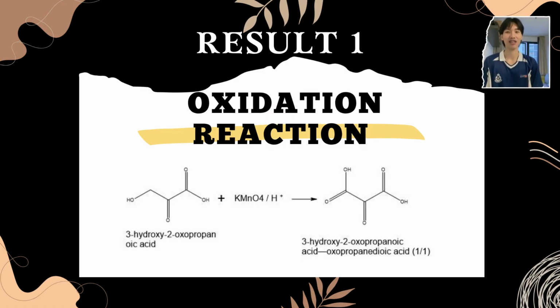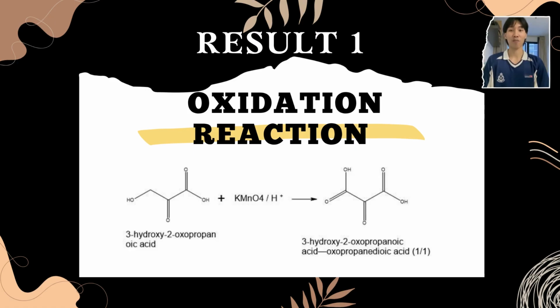Let's take a look at the reaction shown on this slide. This is an oxidation reaction involving 3-hydroxy-2-oxopropanoic acid, also known as hydroxypyruvic acid, which is oxidized using potassium permanganate. Here on the left, we have 3-hydroxy-2-oxopropanoic acid. Notice it has 3 important functional groups: a hydroxyl group on carbon 3, a ketone group on carbon 2, and the carboxylic acid group at the end.